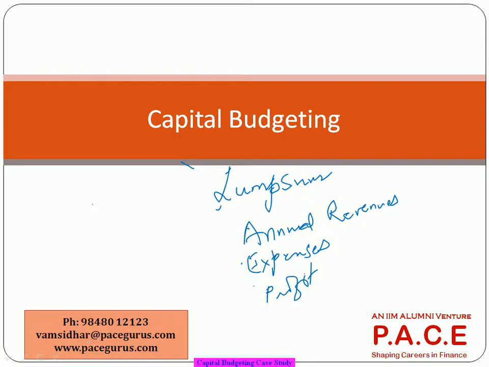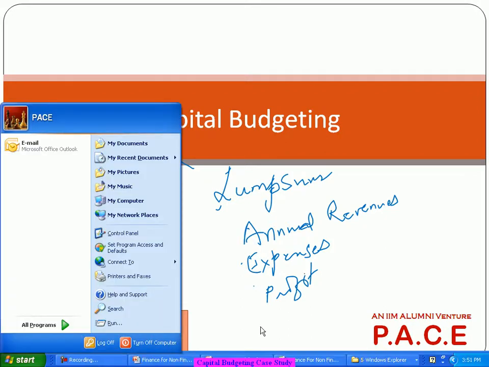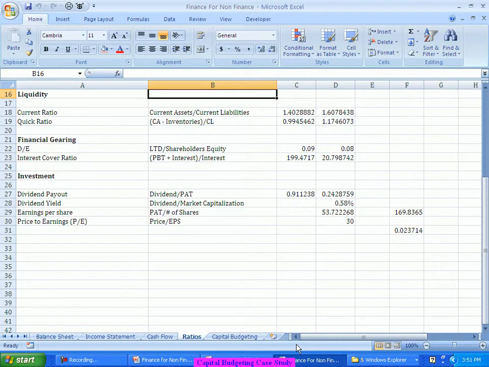A lump sum investment is done in the beginning, whereas the benefits come at a later point in time, probably over a multi-year period. This is the typical case of capital budgeting projects. Now, taking this example, how do I evaluate which of these two proposals is the best for me?